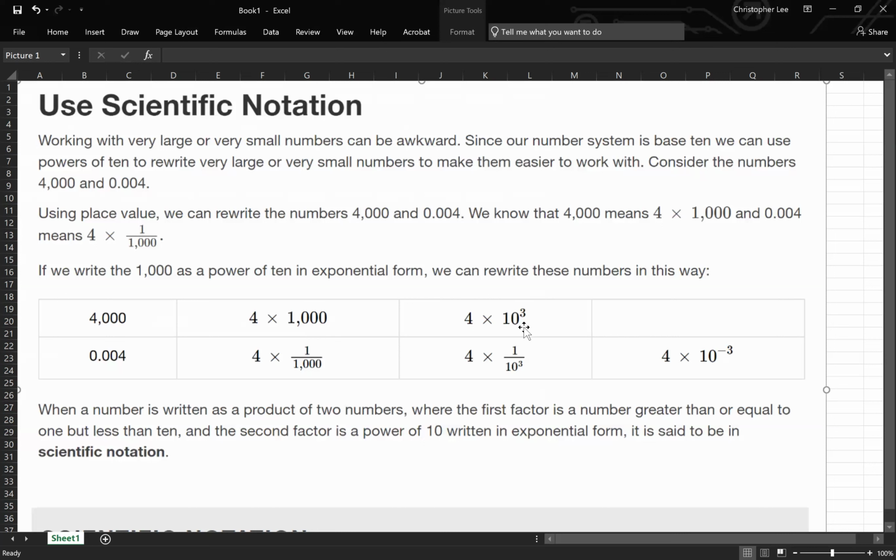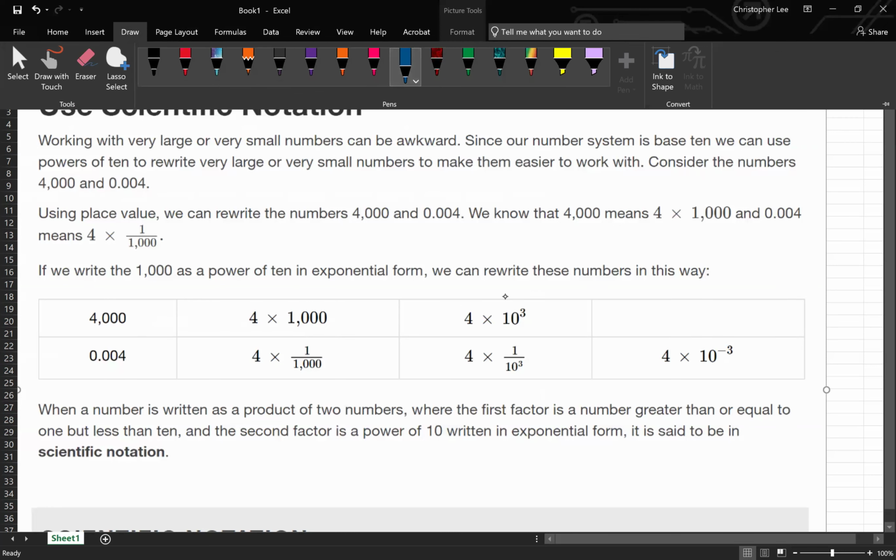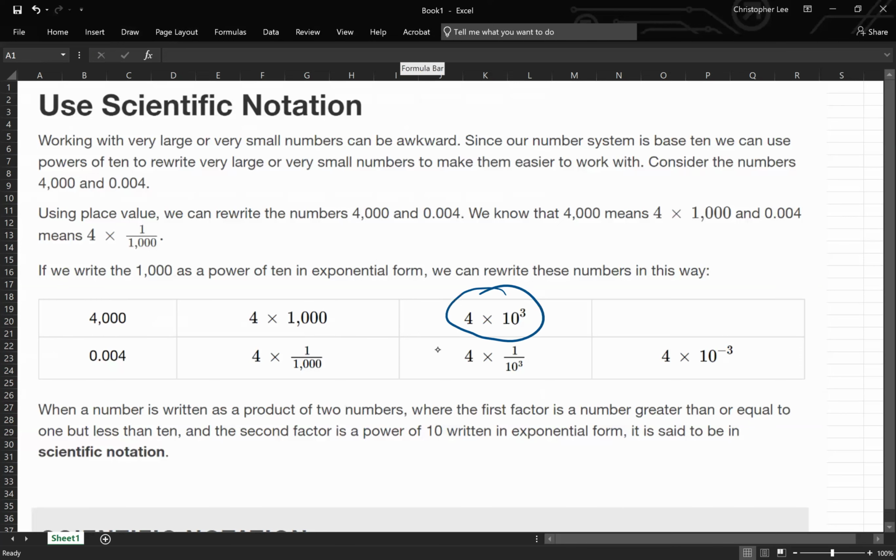Let me say something about this real quick. Just bear with me one second. I'm talking about right here: this is 4 times 10 to the third power, right? If you're in WebWork, this is how you type it in. It's going to be 4, a space, the letter X, another space, and then the 10.